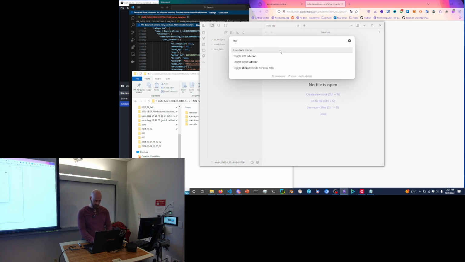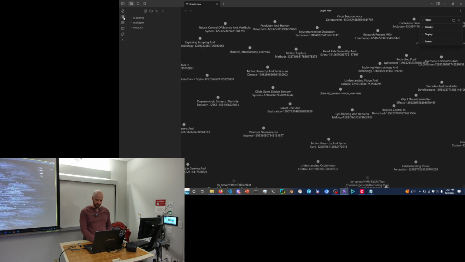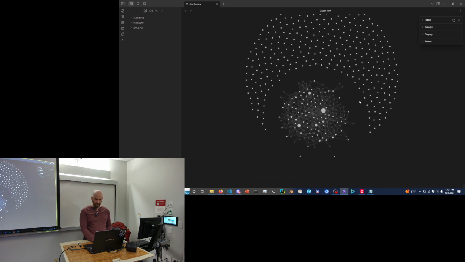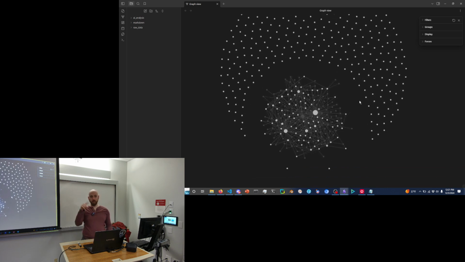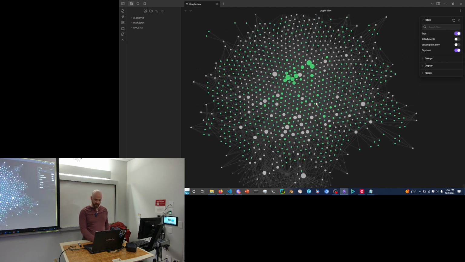Control P, dark mode, and let's see what that looks like. Okay, and so unlike before, there's actually links between the articles now. So it shows up as some links here, and then this is if you add the tags. And look at all those weird guys.